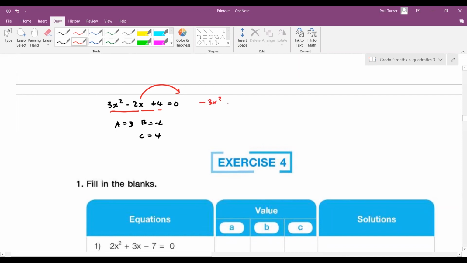Minus 3x squared plus 2x minus 4 equals 0. In this case, A will be minus 3, B will be 2, C will be minus 4. So there are two ways to do the problem, and you'll get the same answer. Both sets give the same answer.